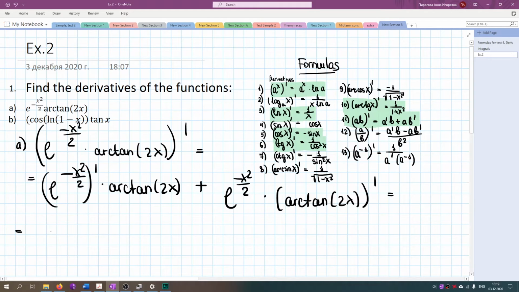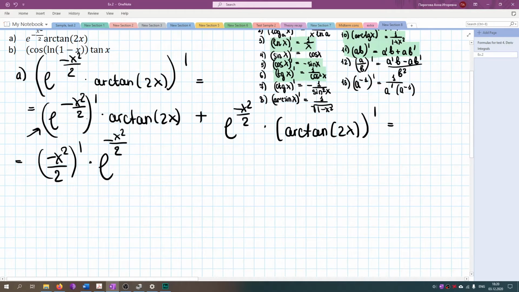In our case, it is arctangent of 2x. So the derivative of this function will be equal to the derivative of minus x squared divided by 2, multiplied by e to the power of minus x squared divided by 2.